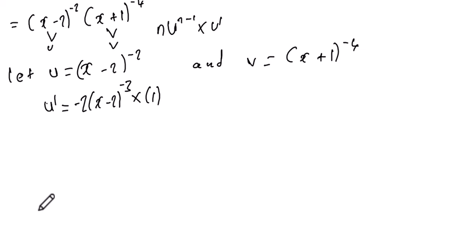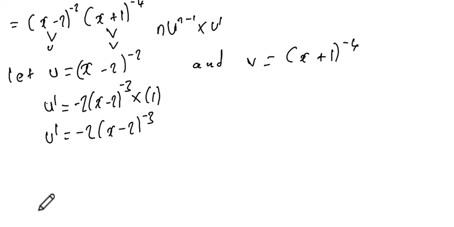So therefore, our u prime is simply negative 2 open bracket x minus 2 to the power negative 3.